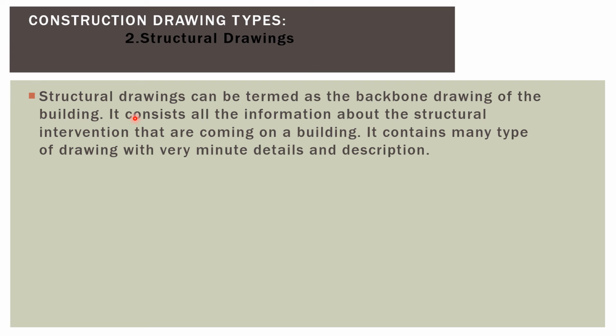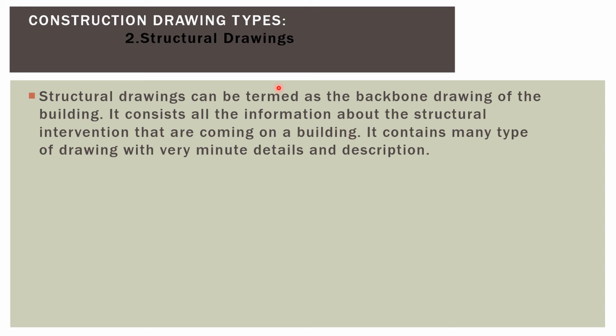Now next is the structural drawings. Structural drawings can be termed the backbone drawing of the building. It contains all the information about the structural intervention on the building. Whatever type of loading is coming on the building, how much slab thickness will be needed, how much wall thickness will be needed, how many columns will be needed, what will be the size of the footing, and whether the footing can bear the load from the upper stories.